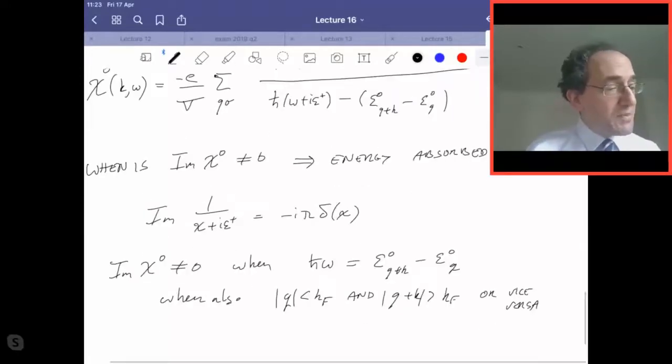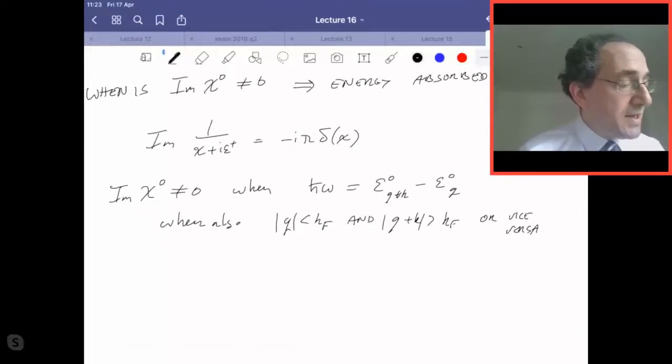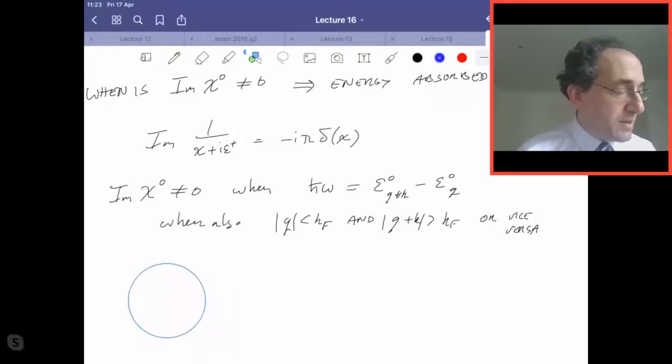So what is this telling us? Let's draw our Fermi sea again. Okay, here's our Fermi sea. Pretty good circle. And we have some particle at q here, and it gets excited to k plus q outside the Fermi surface here. And the energy that excites this is h bar omega.